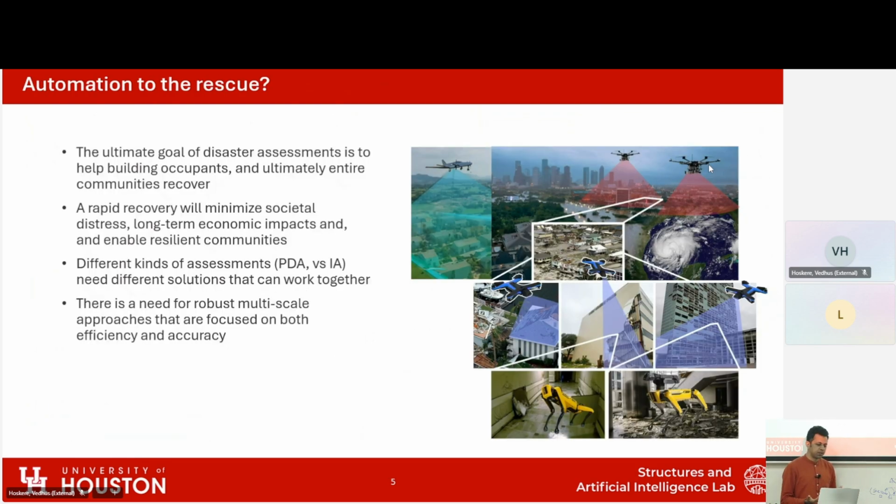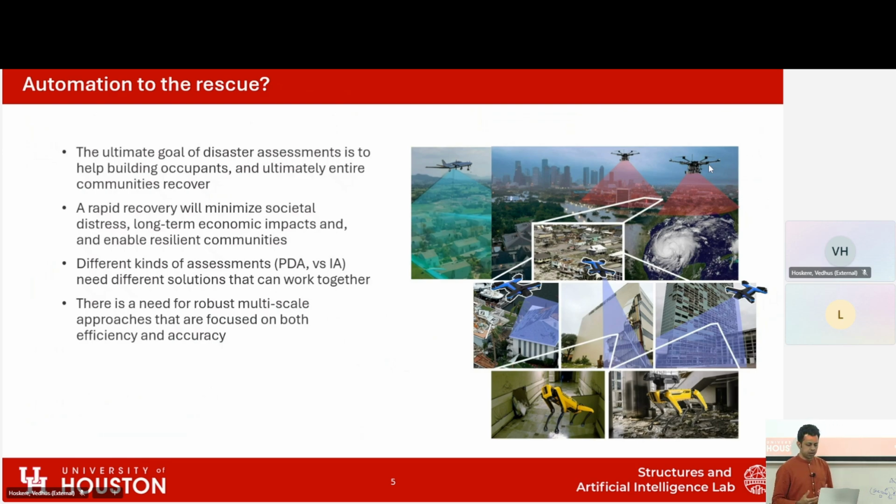We're interested in how we can use automation, and the latest advances in technology, to help address some of these challenges. Inherently, it's a multi-scale problem, because you want to assess things at a city level, but you also want the details of individual structures. The same methods won't be suitable for all of these, so you have different approaches tailored to different scales.